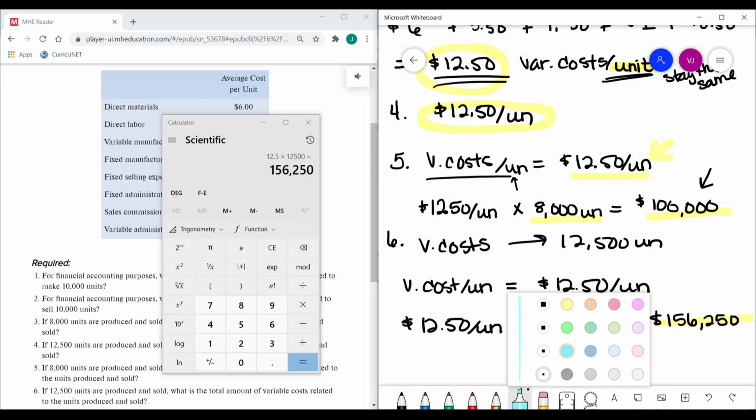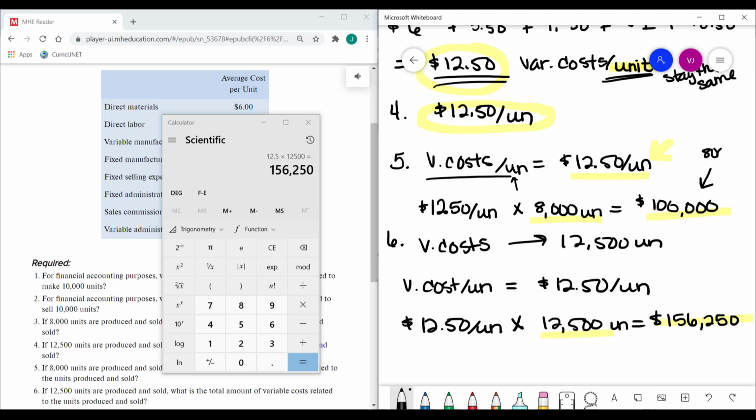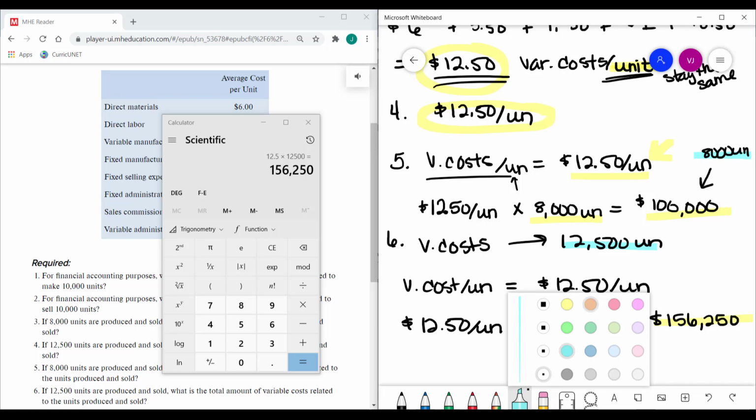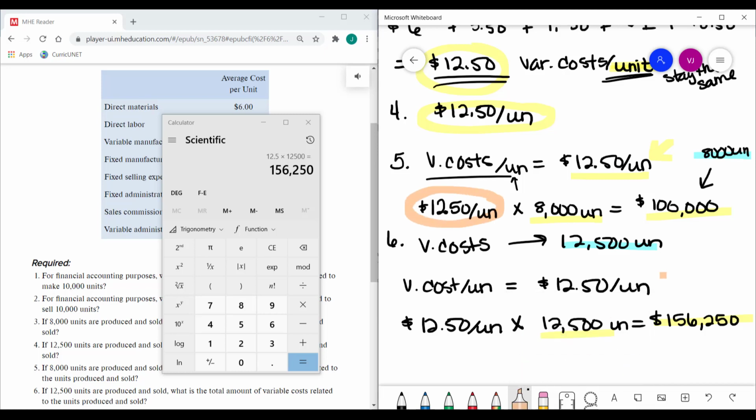So this is a great illustration, because we can see, and by the way, up here it was 8,000 units. So when we were producing and selling 8,000 units versus 12,500 units, what stayed the same? When activity fluctuated, our variable cost per unit stayed the same.